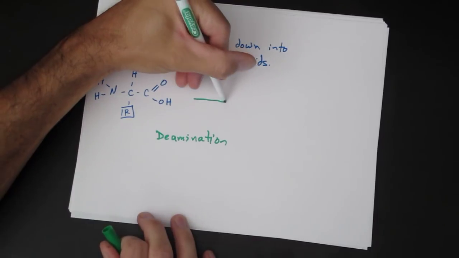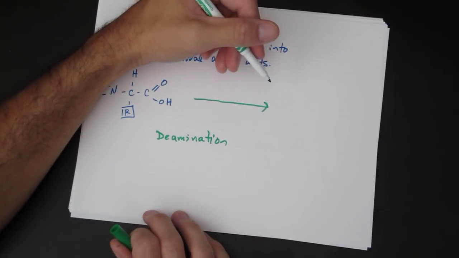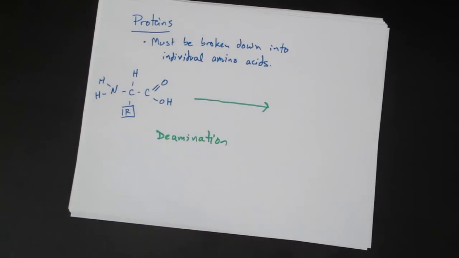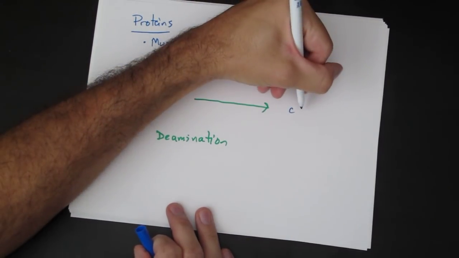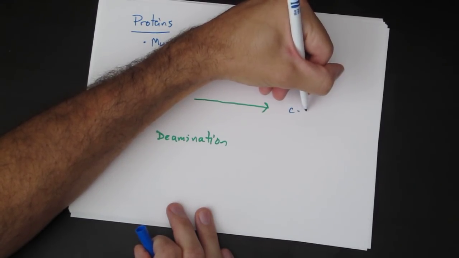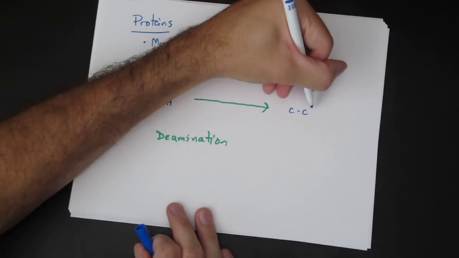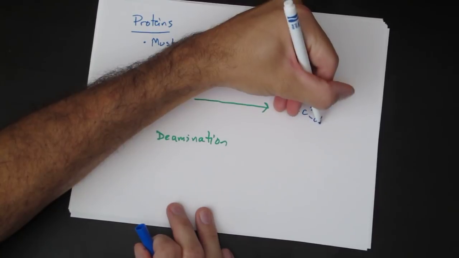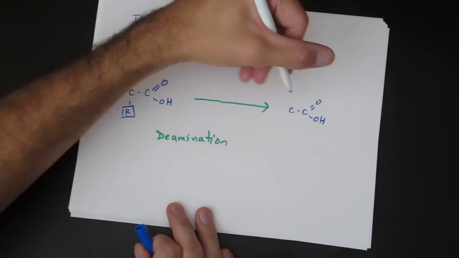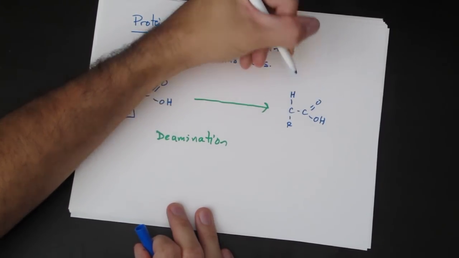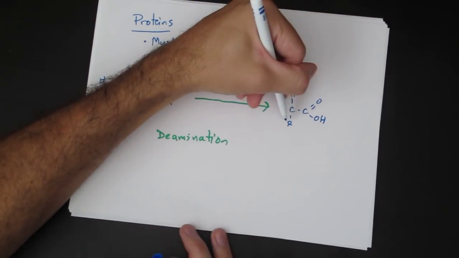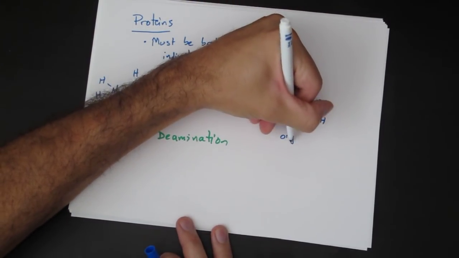In deamination, we pull the amino group off of our amino acid. All right, we end up with something that looks like that. This is an organic acid.